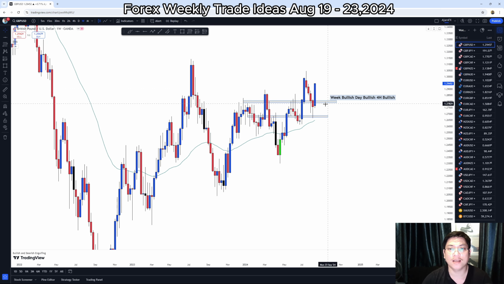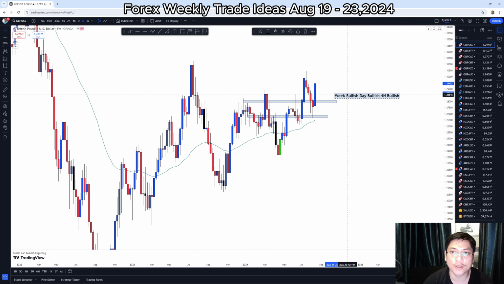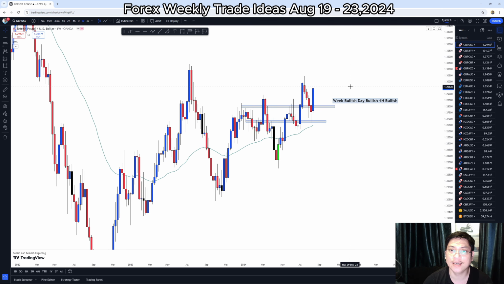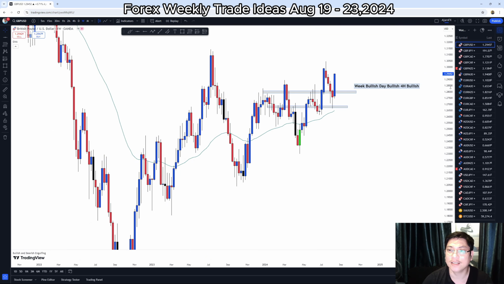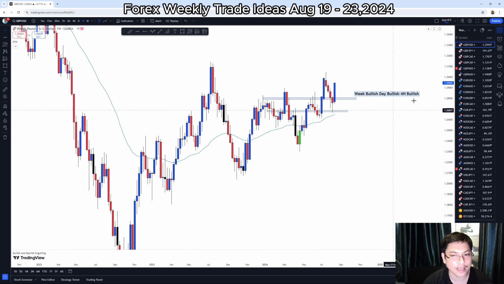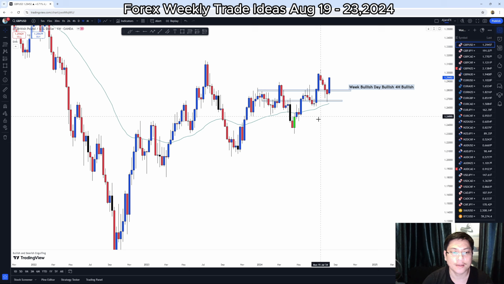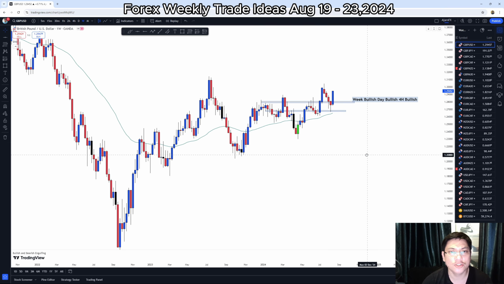As you can see, I have already put on my areas of interest, which are my zones for resistance and support. This is what I watch on the weekly and the daily before I start a trade within the day, but I execute my trade on the lower time frame. Let's begin with GBP USD.